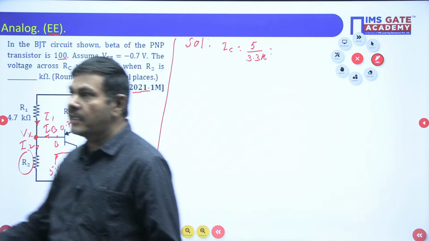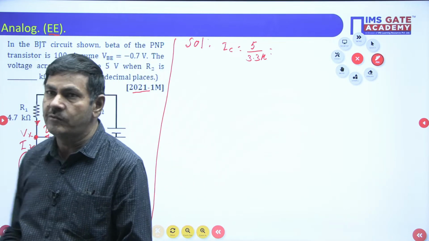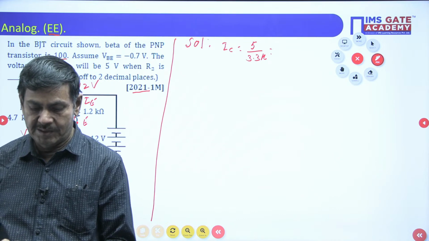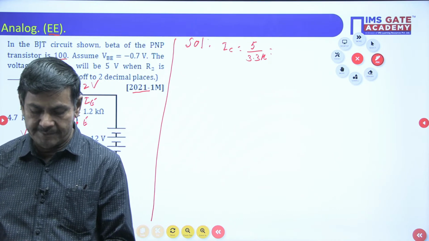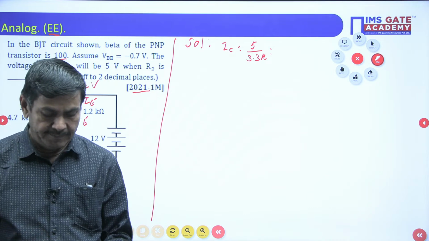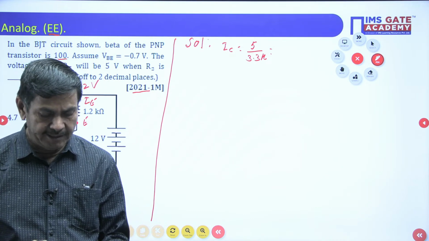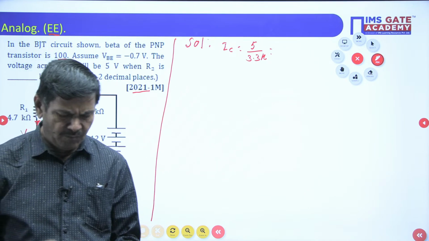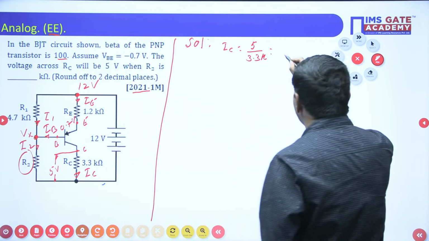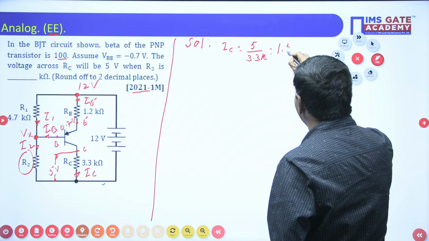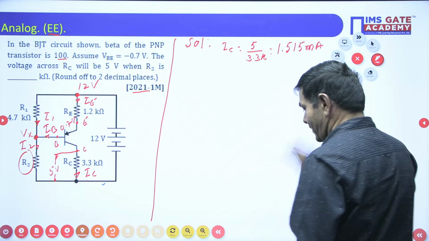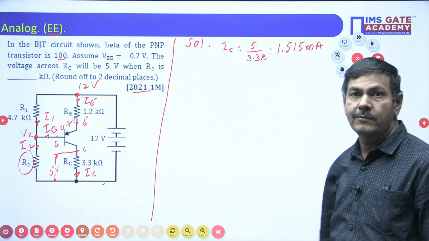Use a calculator and tell me, what IC do you get? Anybody? 1.515 it comes. 1.515 milliamperes of current is possible. Milli, because it is divided by K.